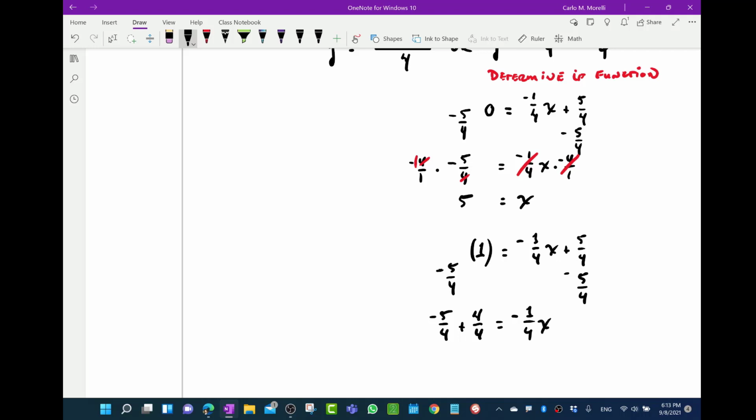Okay, so let's simplify this. That gives me negative 1 over 4 equal to negative 1 over 4x. And now I'll multiply by the reciprocal, which is going to be negative 4 over 1.